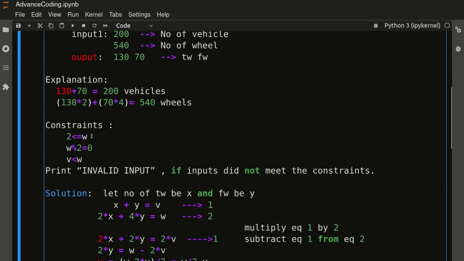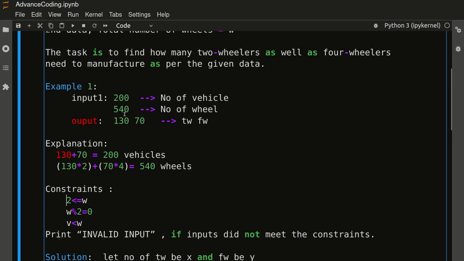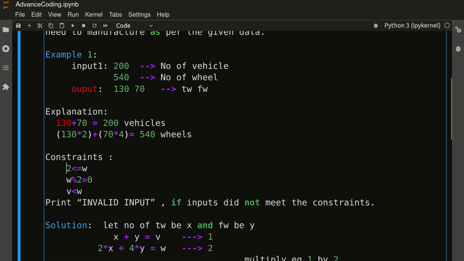Like it is saying that wheels should be greater than or equal to 2. Now suppose there is one input in which wheels is given as 1. In that case you have to print invalid input, because it should be greater than or equal to 2 and it is given 1. Similarly, the number of vehicles should not be greater than the number of wheels.